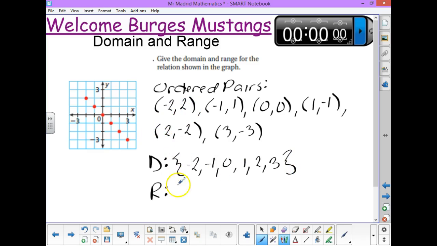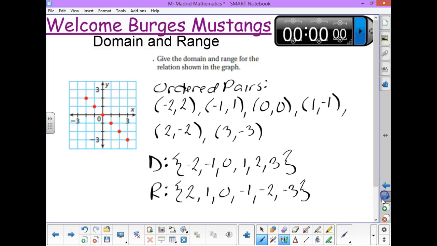The range would be my y values, so I'll just insert these values. 2, 1, 0, negative 1, negative 2, and negative 3. Okay.